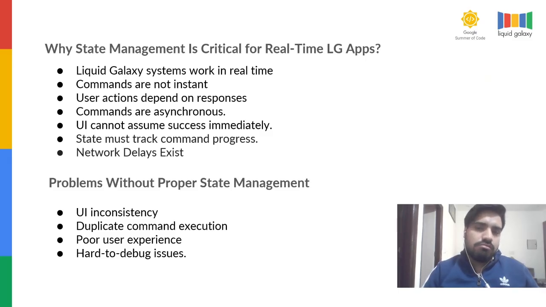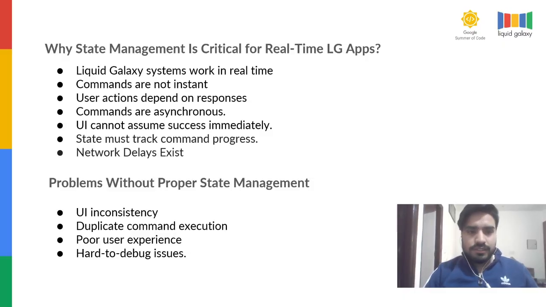Now, why is state management critical for real-time LG apps? As you know, our Liquid Galaxy rig works on a master and slave architecture. In this system, our Flutter application is a client that sends commands to the host system, which is our LG system.